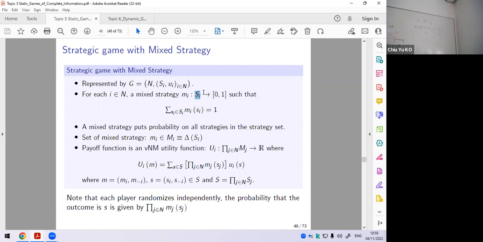Rock, paper, and scissors. Suppose you are very smart. You do 1/3 of this, 1/3 of this, 1/3 of this. Suppose I'm dumb. I only do rock.